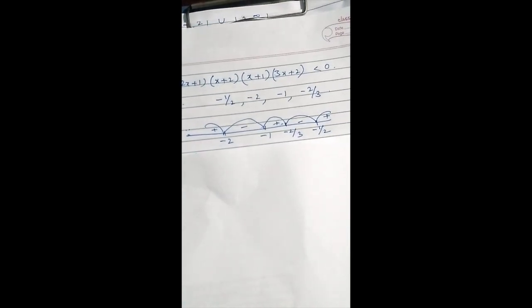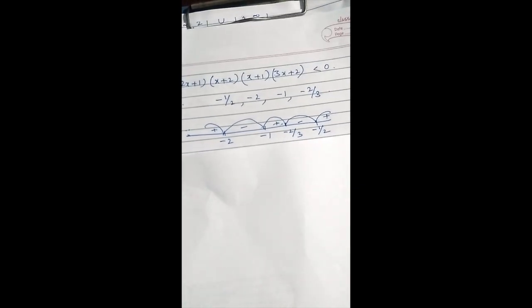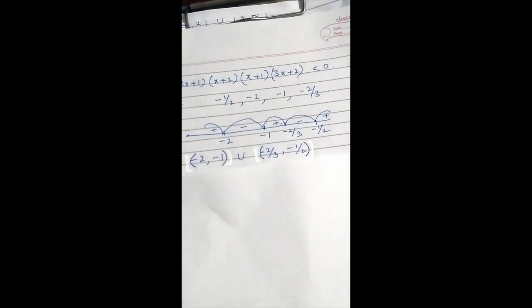It was less than 0, that means all the negative intervals have to be considered, and now you can see that there are two of them negative intervals. So therefore now minus 2 comma minus 1 union with minus 2 by 3 to minus half over here.